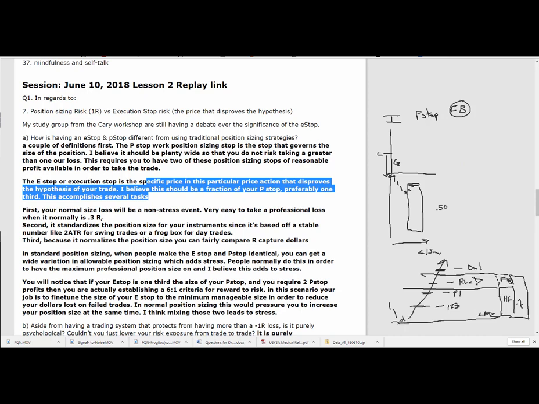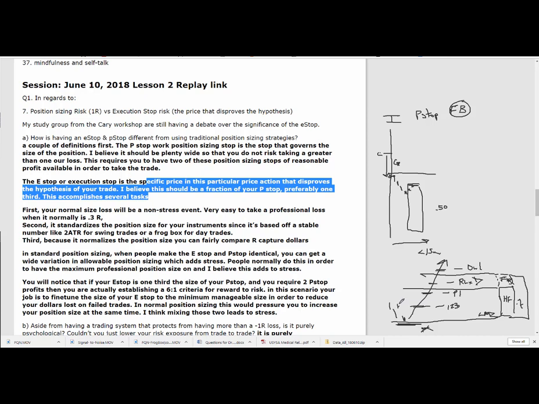In every case, it was a violation of this little swing low down here at X. That's the price that tells me that the trade is invalidated. It's not until I actually see that price violate that this is no longer the swing low.